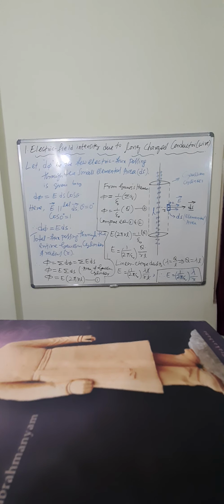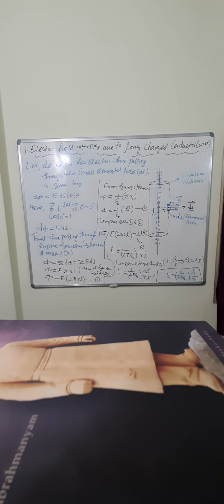Let d phi be the electric flux passing through the small elemental area ds, and it is given by d phi is equal to E ds cos theta.